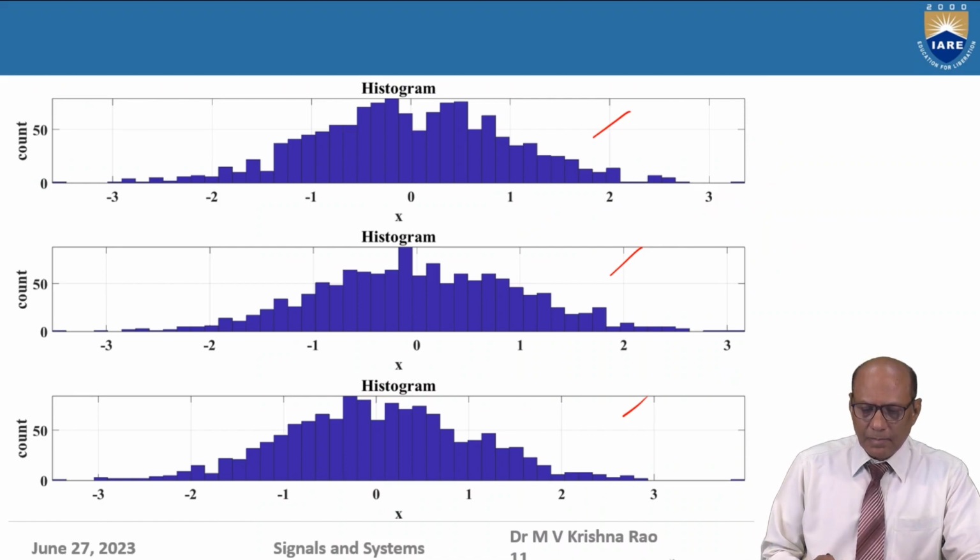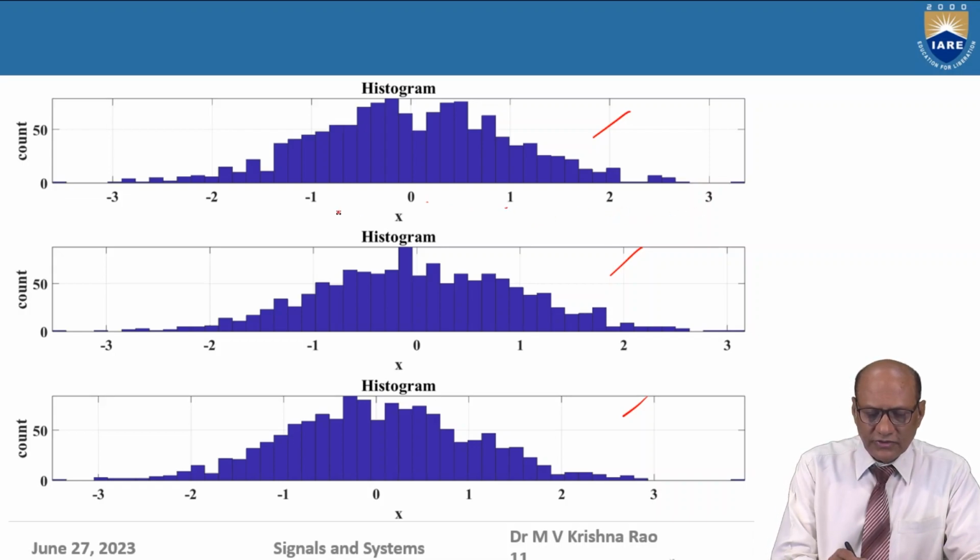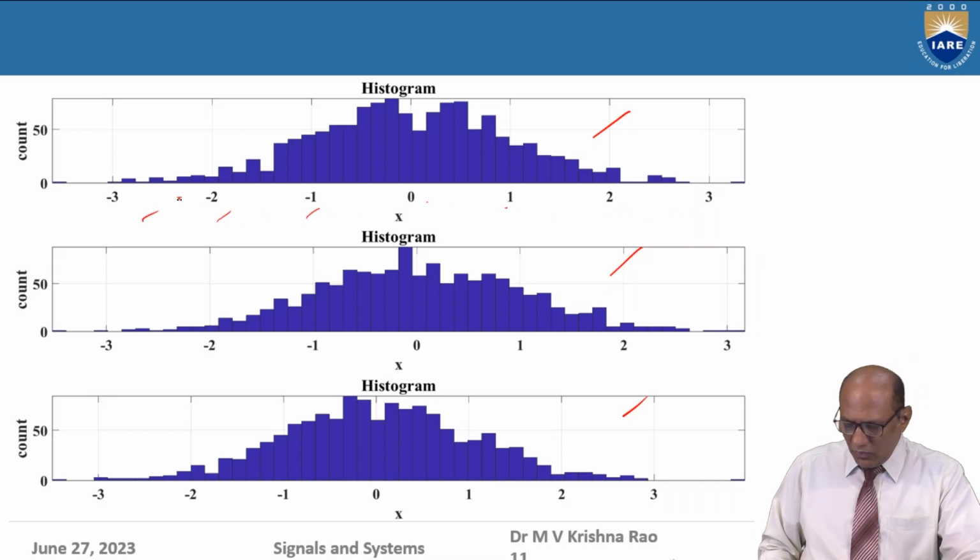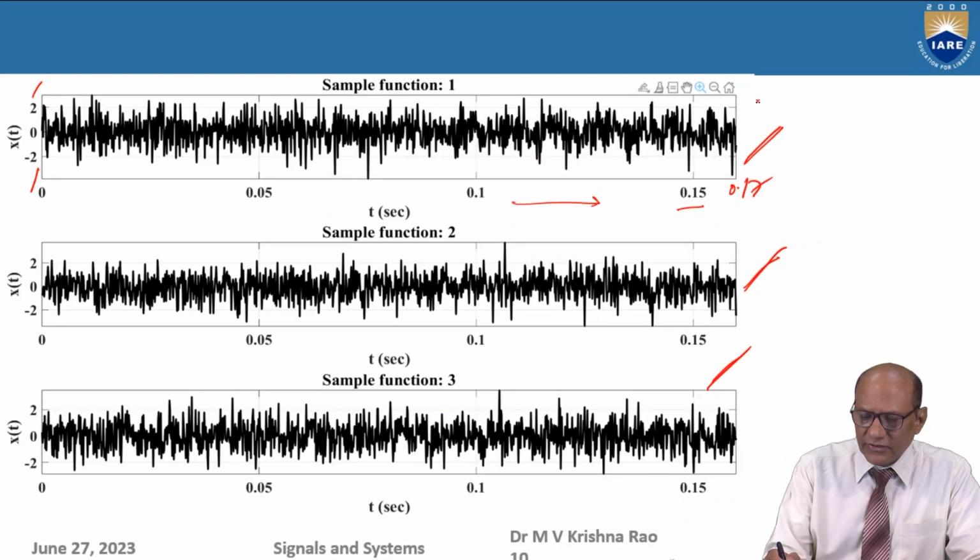For the histogram, what will be on the x-axis? Whatever the signal range was: plus 1, plus 2, plus 3, and on this side minus 1, minus 2, minus 3. This is the signal range, correct?